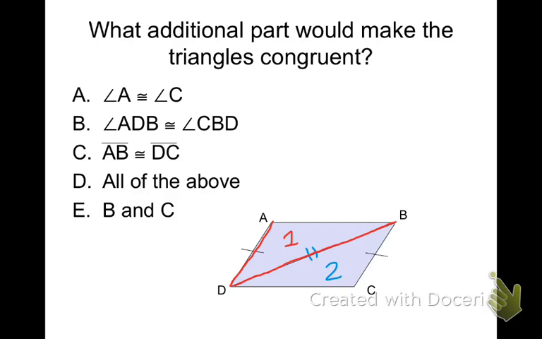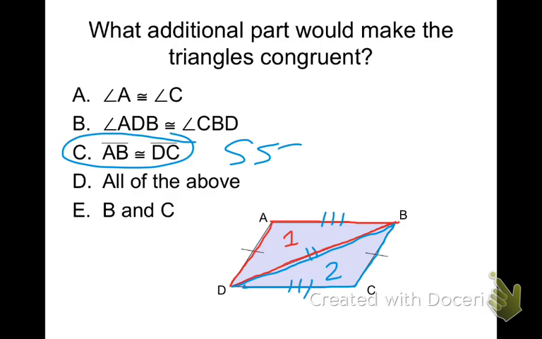If we could make side AB congruent to CD, we would have side, side, side. That's going to show congruence by side, side, side. So that's looking like a good option.